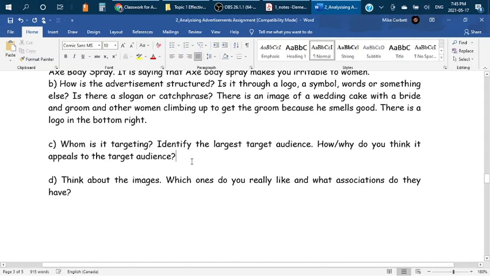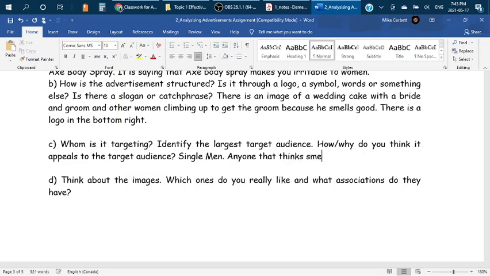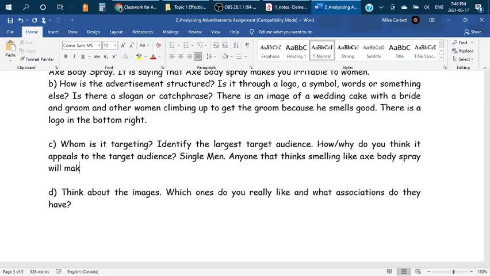So who is the target audience? I believe the target audience is single men. Or you could also say anyone that thinks smelling like Axe body spray will help them meet a girl, I guess.